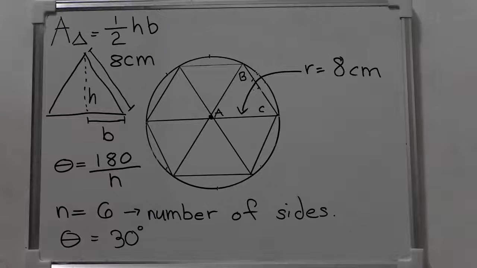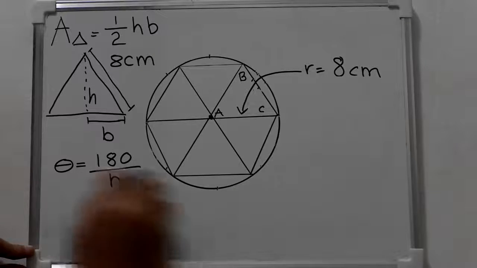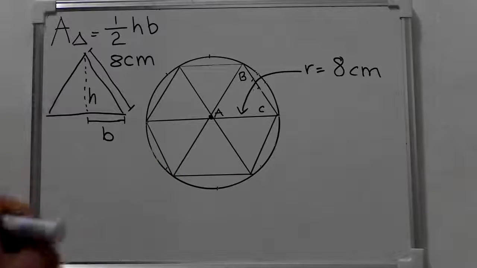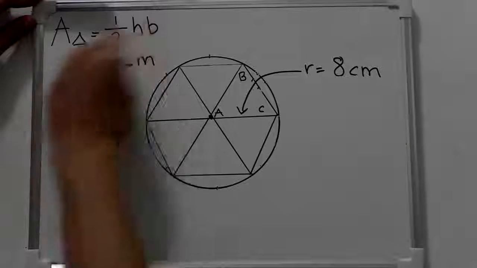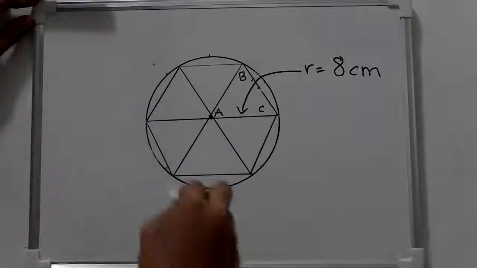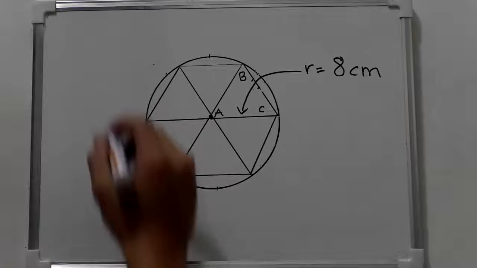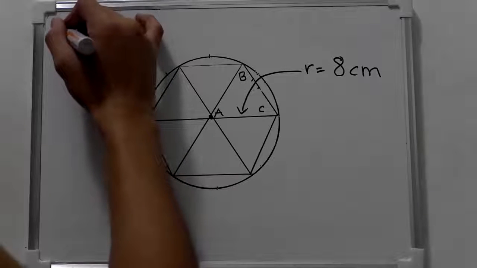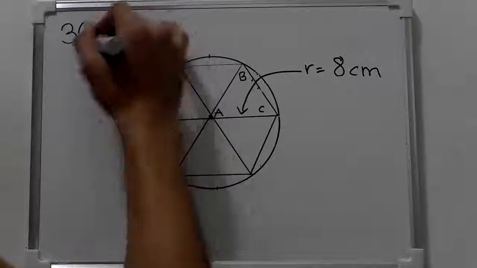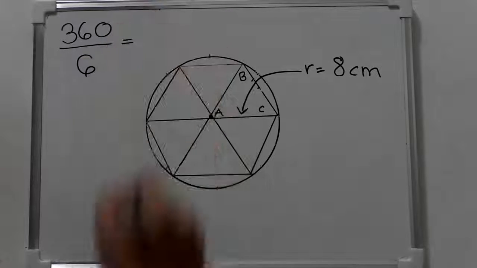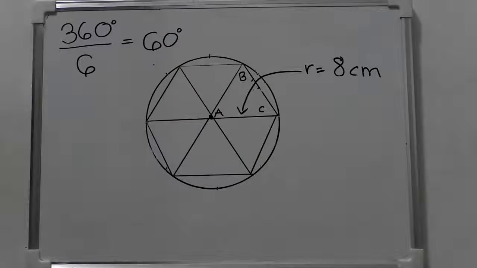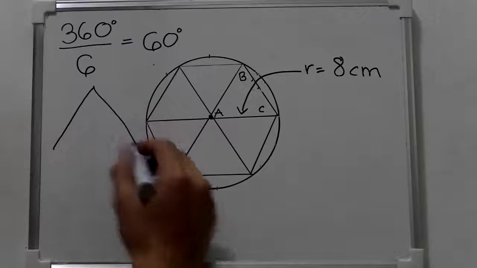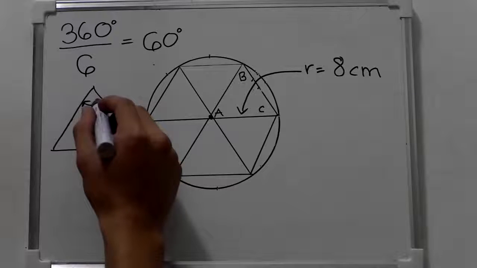But first, we need to know the angle A in order for us to solve the other parameters. So to know that, we just divide 360 by the number of sides, so 6. Therefore, the angle A is equal to 60 degrees.